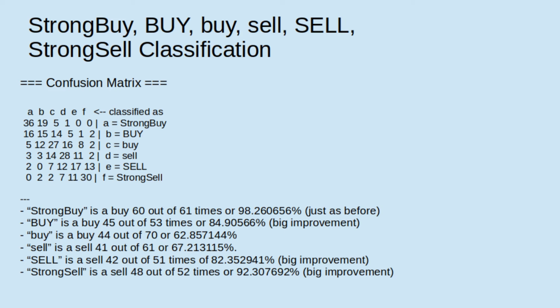The capital buy now becomes 45 out of 53. We combine the values of A, B, and C on line 2, divided by all calls, and we get an 85% call rate.